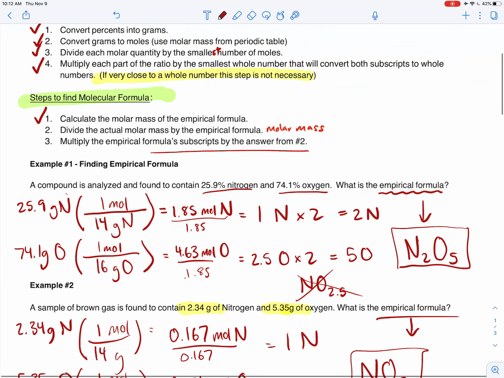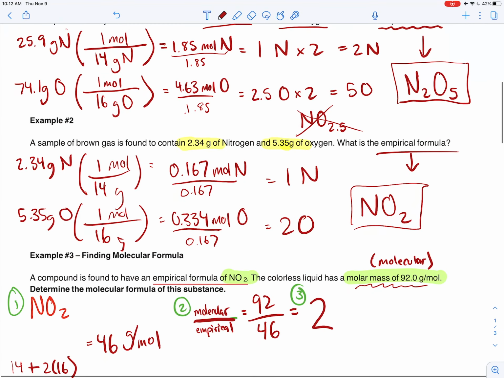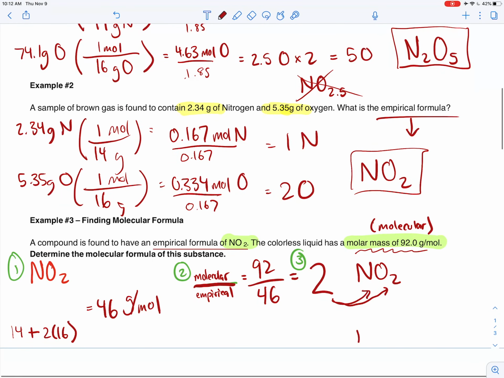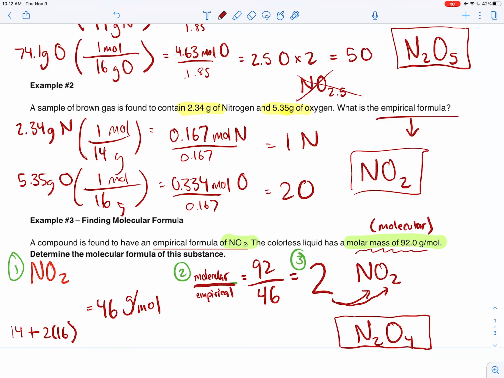Step 3, we want to multiply the empirical formula subscripts by the answer from number 2. If my formula is NO2, I'm going to multiply everything in my formula by 2. That gives me my molecular formula of N2O4.